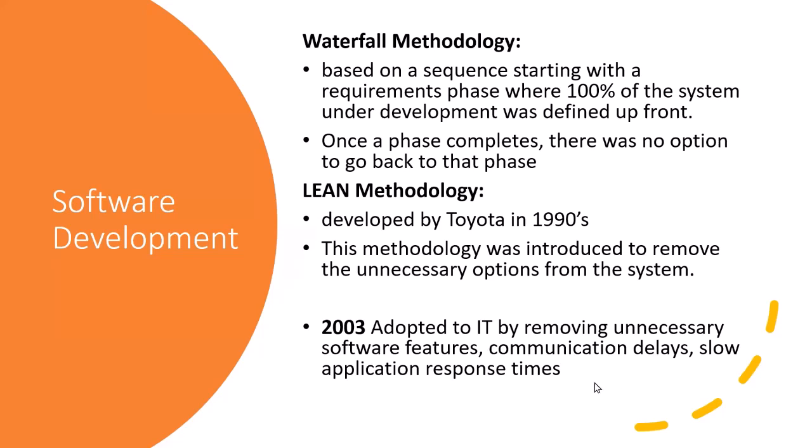Okay, so the adoption of this into IT started from 2003, with removing unnecessary software features. Let's take one simple example. Linux is an open source operating system, and anyone can download it. But if you take Red Hat or CentOS, it comes as real software CDs or an ISO file of around 6 GB for installation and configuration.